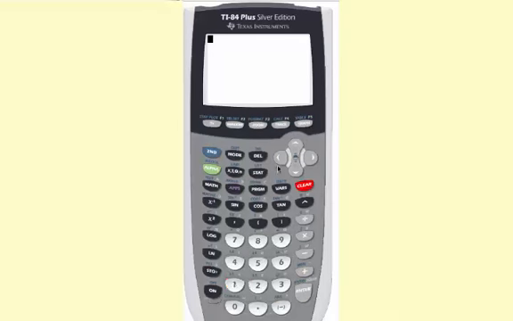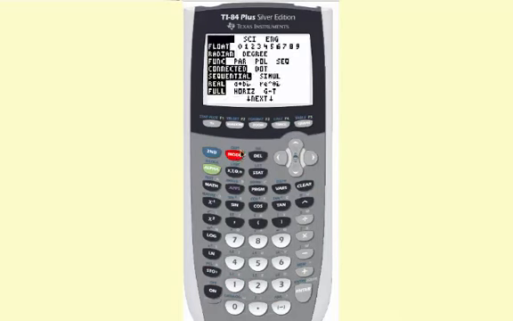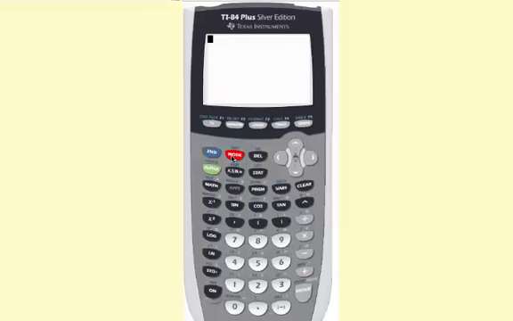Make sure that you're in degree mode, otherwise your calculations will be way off. So 12.5 times the sine of 29 degrees, 6.06 is the height.